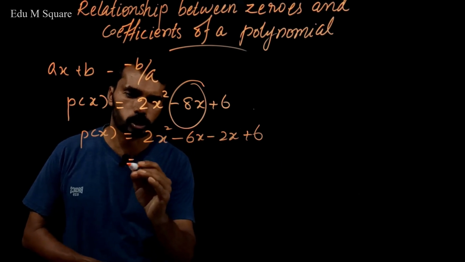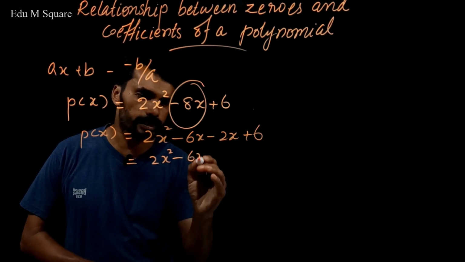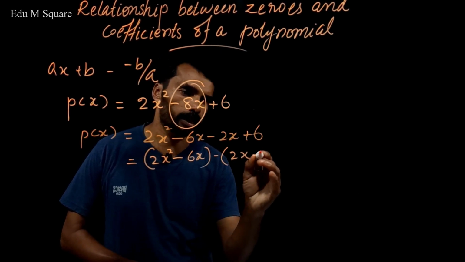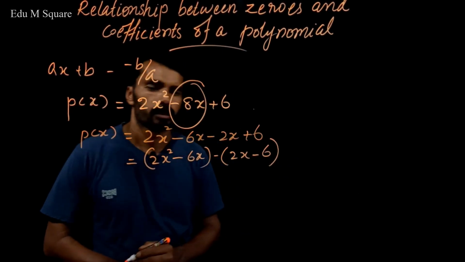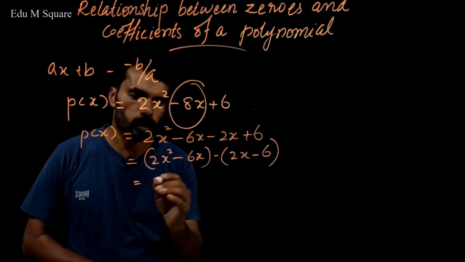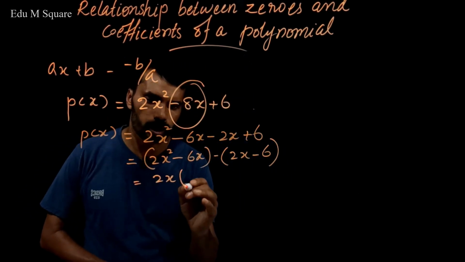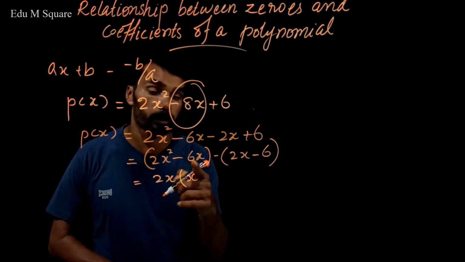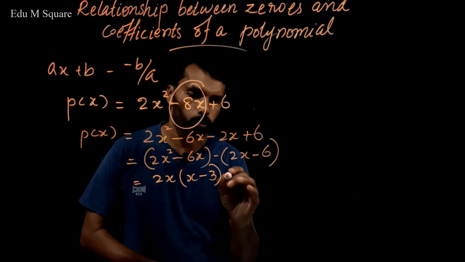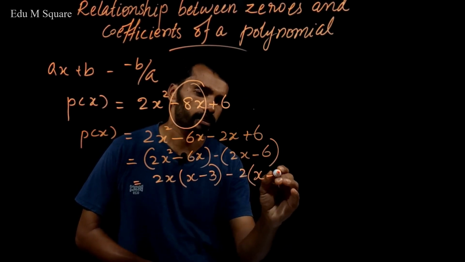Now we consider the first two terms. So 2x square minus 6x we write in one bracket, then minus 2x minus 6. Now in the first bracket 2x is a common factor. So let us take 2x outside. This becomes x minus 3.